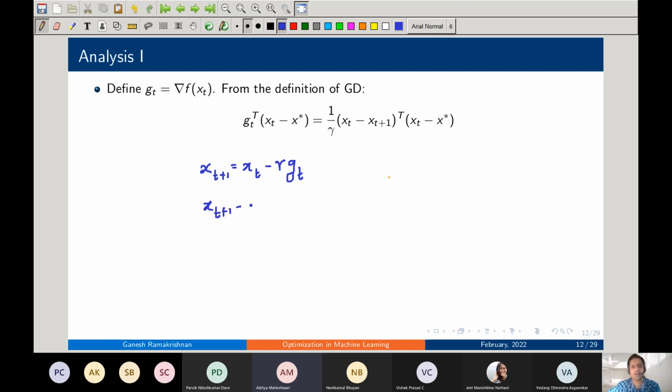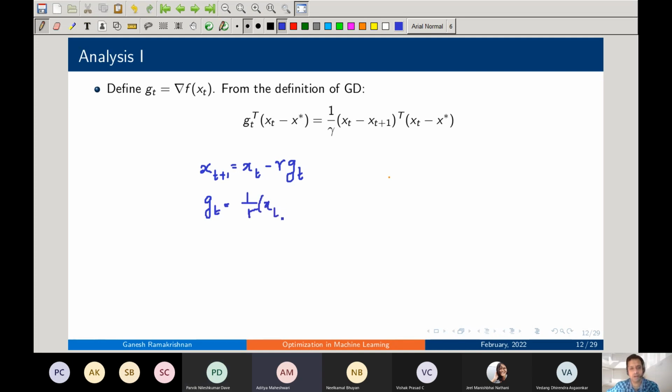Xt plus 1. So how do I get x star here? We could take gamma times gt to the other side and bring xt plus 1 to the right side. This just gives you an expression. Divide by gamma. Correct.